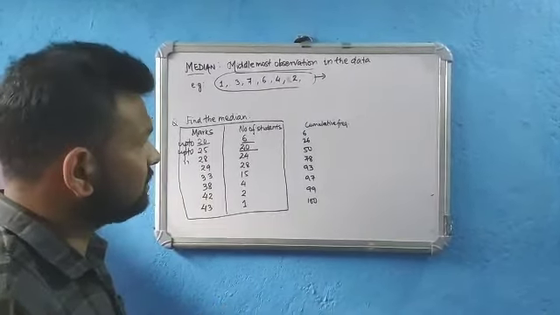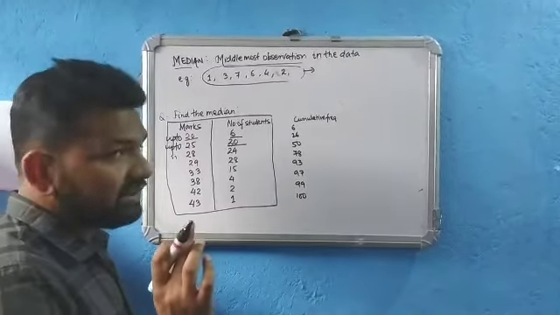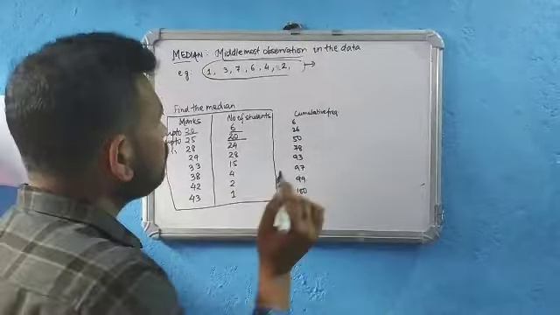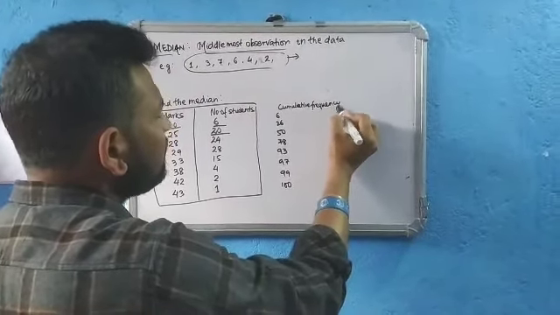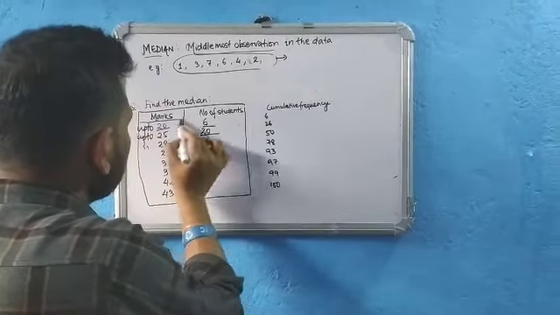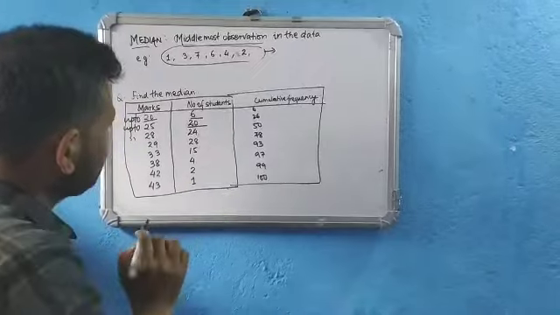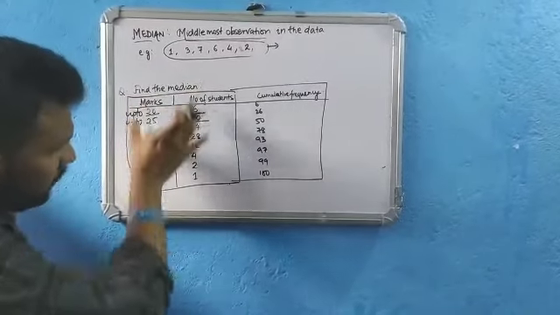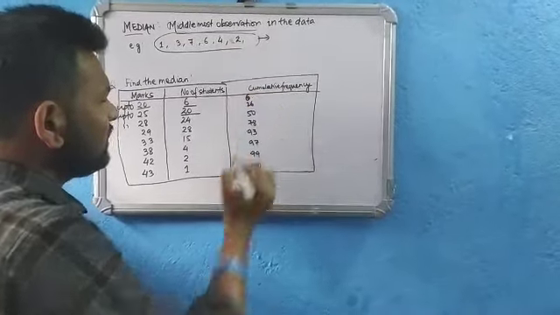Now they ask you to calculate the median. How will you calculate the median? For this, you need to construct something known as the cumulative frequency table. This is already given in the question. Now how is this cumulative frequency calculated?